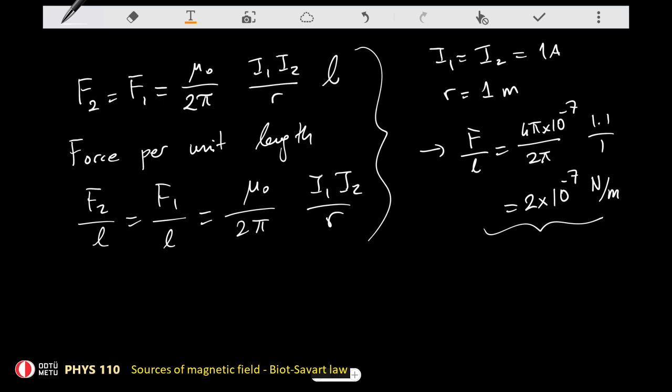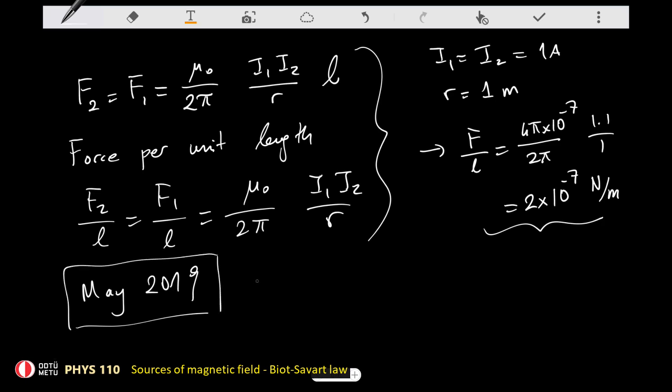So up until May of 2019, last year, they were defining the ampere in such a way that when 1 ampere currents flow in 2 parallel wires separated by a distance of 1 meter, they would produce a force of exactly that magnitude.